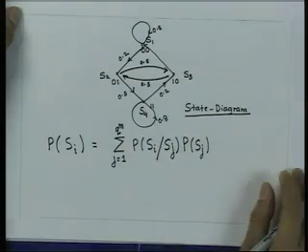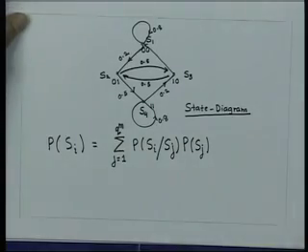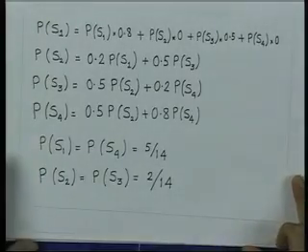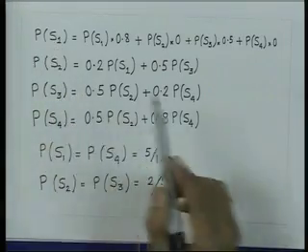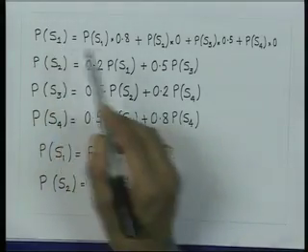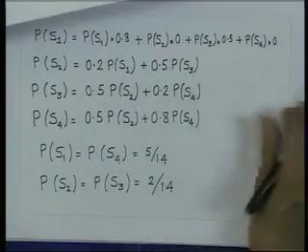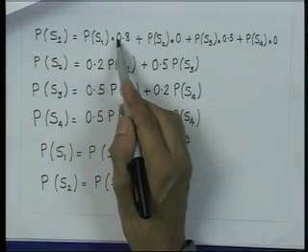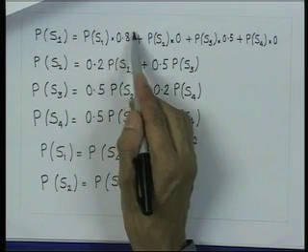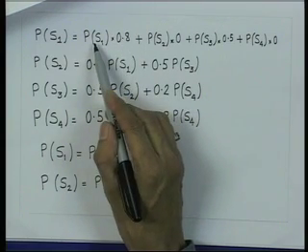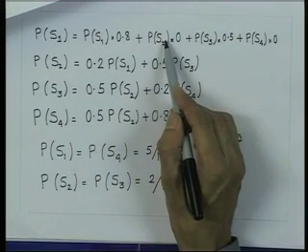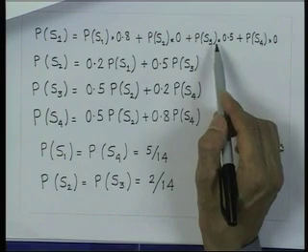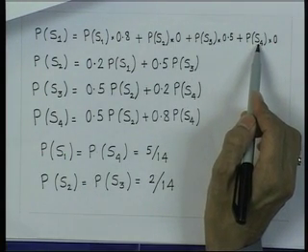Now, for our specific example, this can be reduced to writing something like this. I can find out my probability of S1. Obviously, my probability of S1 is the probability of S1 given I was in S1, that is 0.88, times the probability of state S1, which I am supposed to calculate. I cannot come to state S1 from S2, nor can I come to state S1 from S4.